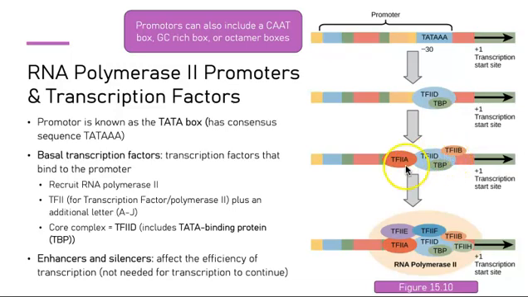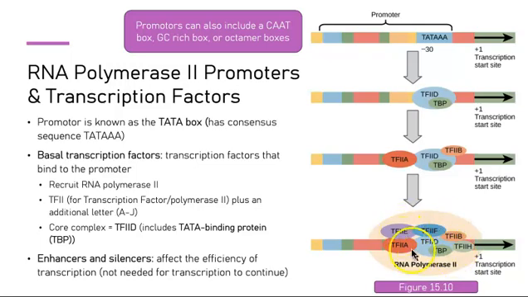We've got 2A and 2B, and we can continue adding more of them that were named basically after the letters in the alphabet, which can span from A to J. But the core complex is going to include our transcription factor 2D and that TATA binding protein.